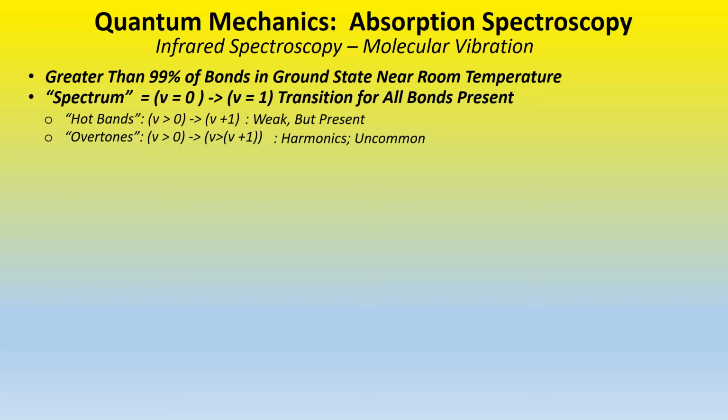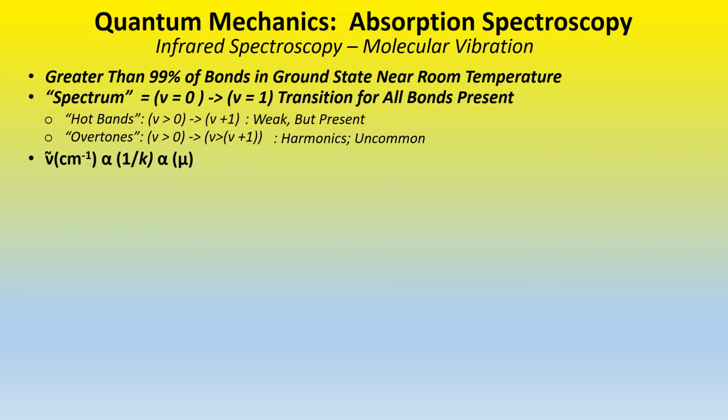Once again, the spectrum is traditionally measured in energy units of reciprocal centimeters, which, if you recall, is going to be inversely proportional to the force constant for the bond and directly proportional to the reduced mass on either side of the bond. Because of this, the infrared spectrum is split into ranges.